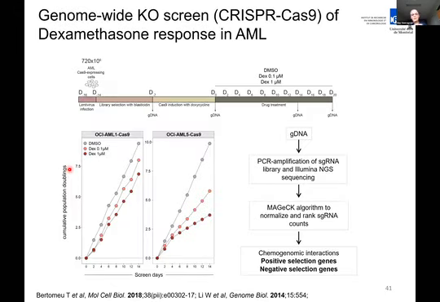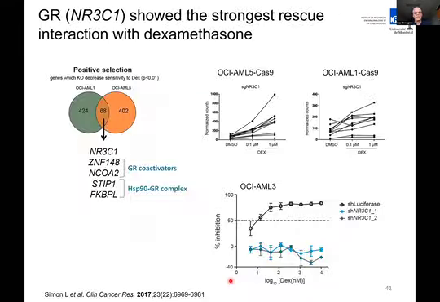Okay, so the second approach I mentioned was basically doing a CRISPR-Cas9 screen in collaboration with Mike Tyers here using a library developed in his laboratory. And for this, Laura in fact used two resistant cell lines, the AML1 and the AML5, exposed to two different doses of dexamethasone and screened at different time points up to 14 days when the culture was essentially killed.